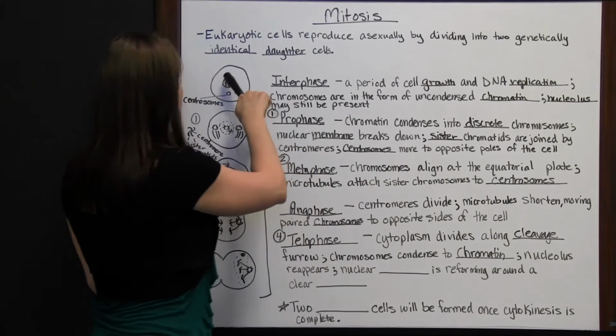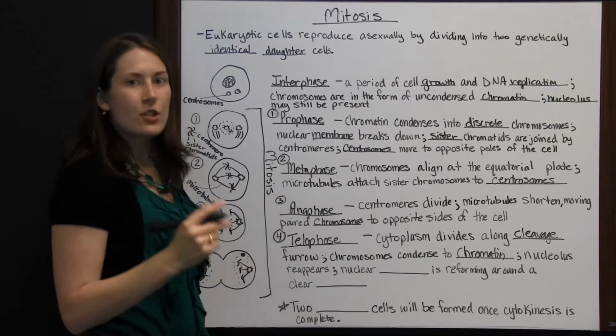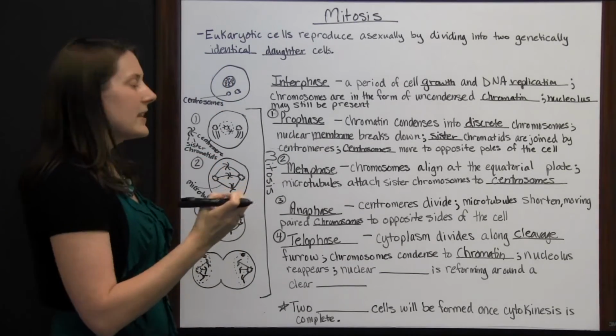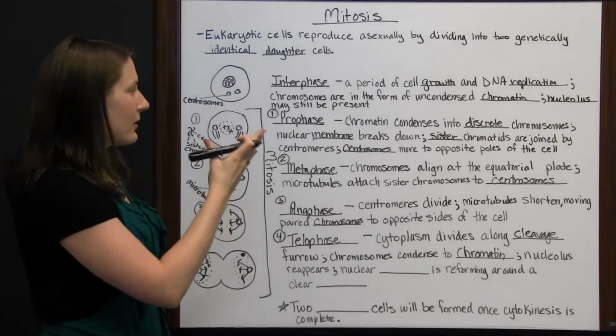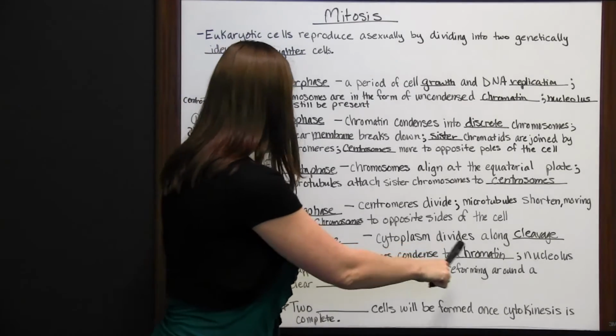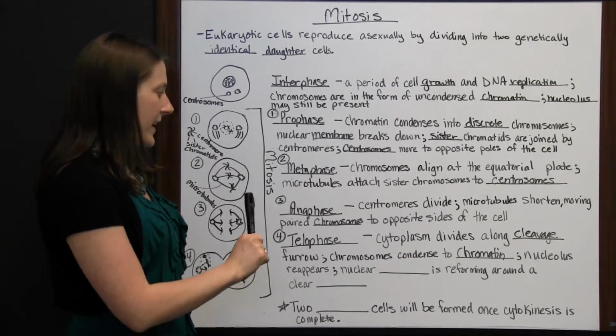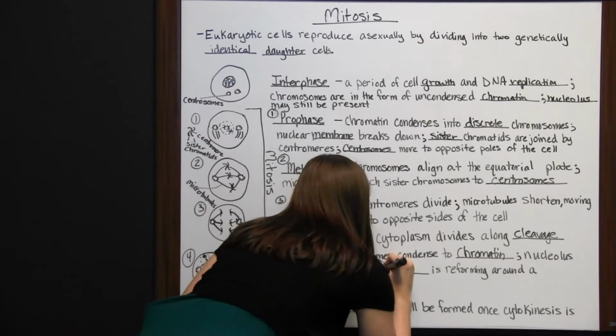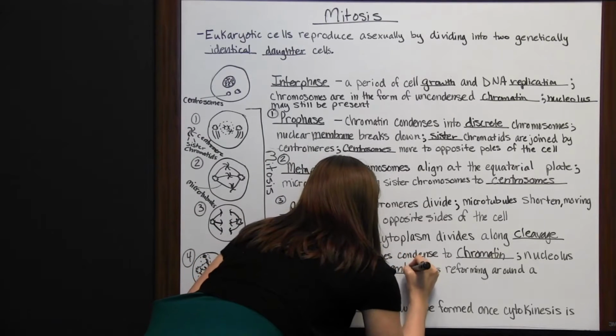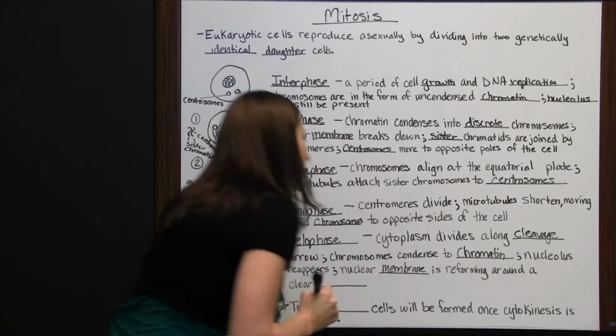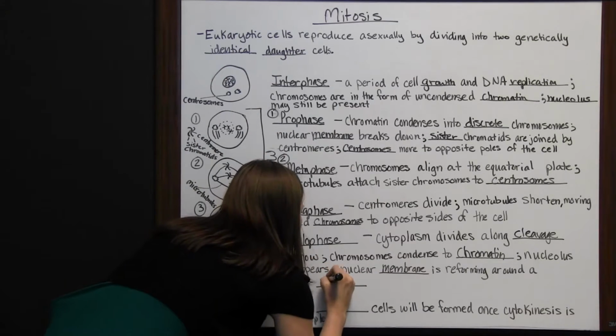Remember, that's what we had up here. We had all the squigglies. They're going to just start condensing to chromatin, not a discrete chromosome anymore. And the nucleolus reappears, and the nuclear membrane is going to be reforming around a clear nucleus.